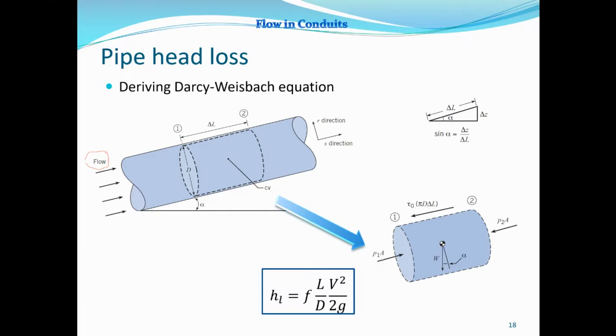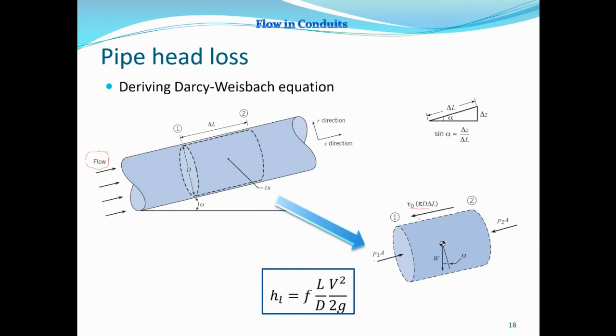The forces acting, you have the pressure force, you have the shear force acting at the walls, at the boundaries, and you have the gravitational force. Because it is tilted, it will have a component in the direction of flow. So you have basically three forces: pressure forces, which is P1A minus P2A, minus the shear force, which is tau naught, shear stress times the area.